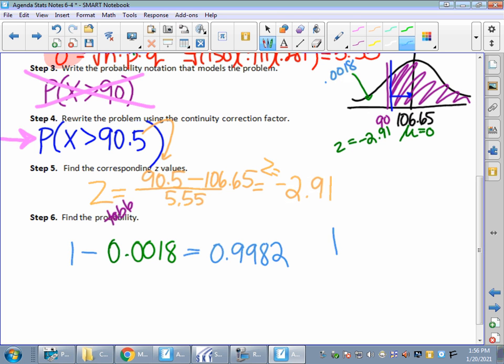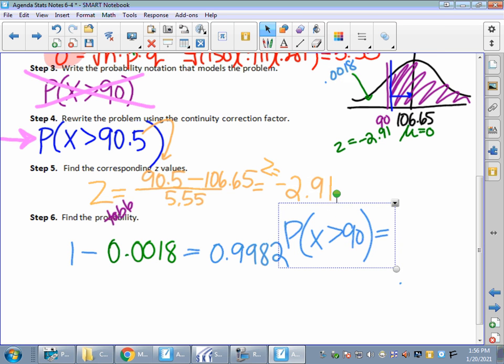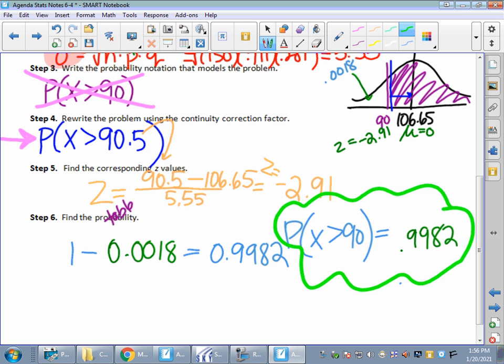So I could say the probability that x is greater than 90, taking into account the continuity correction factor, is 0.9982, or 99.8%. Looks like it, right? It's a huge percentage, especially when you know the standard deviation is almost 3.